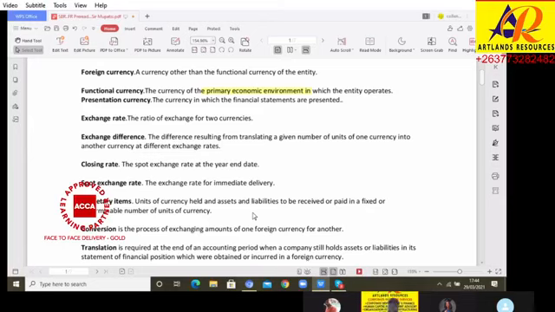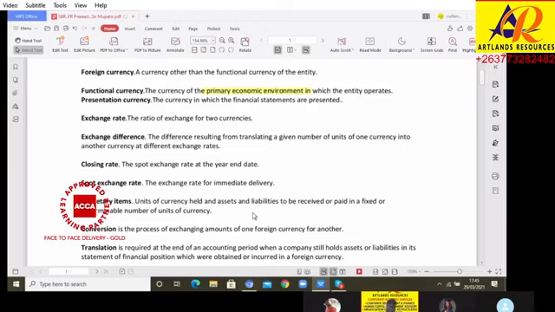Concerning business in foreign currency, there are two types of items. There is what is called a monetary item, and there is what is called a non-monetary item.